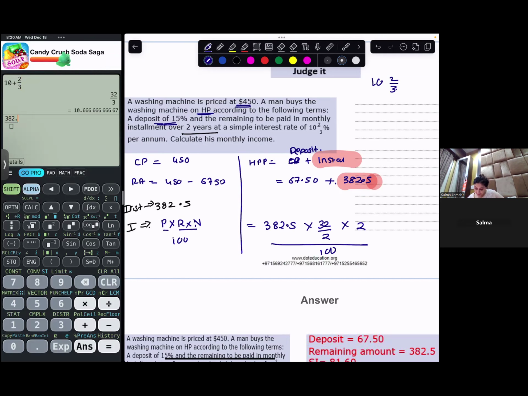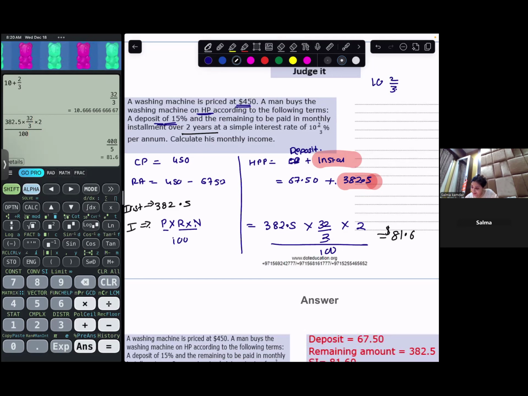So I get 382.5 into 32 divided by 3 into 2, the whole divided by 100. So I'm going to get my simple interest as $81.6. Okay. So calculate his monthly installment.